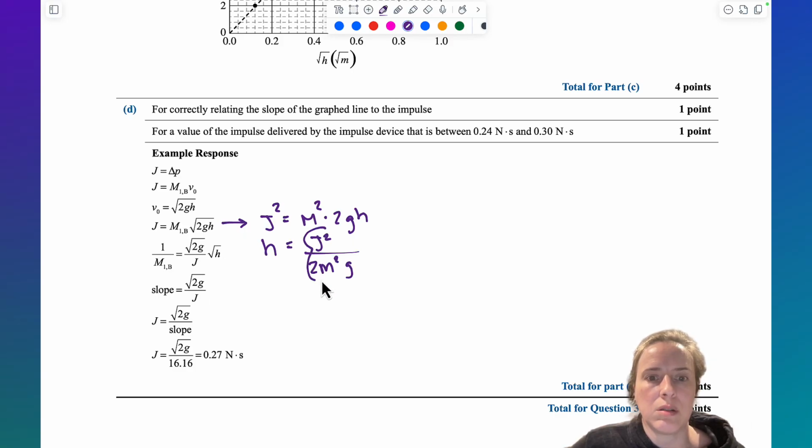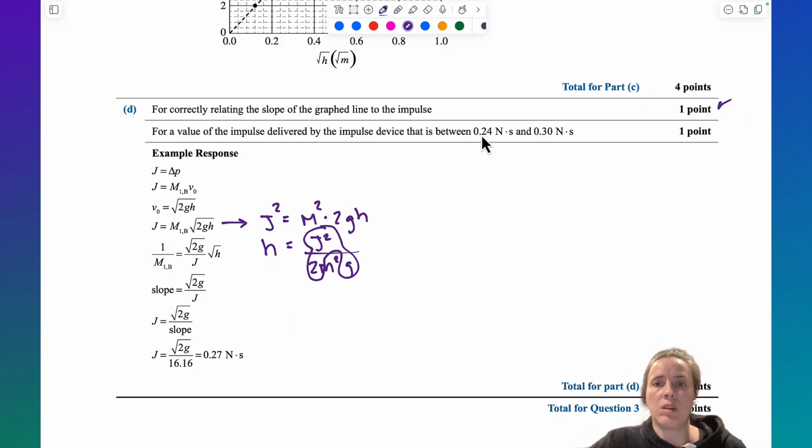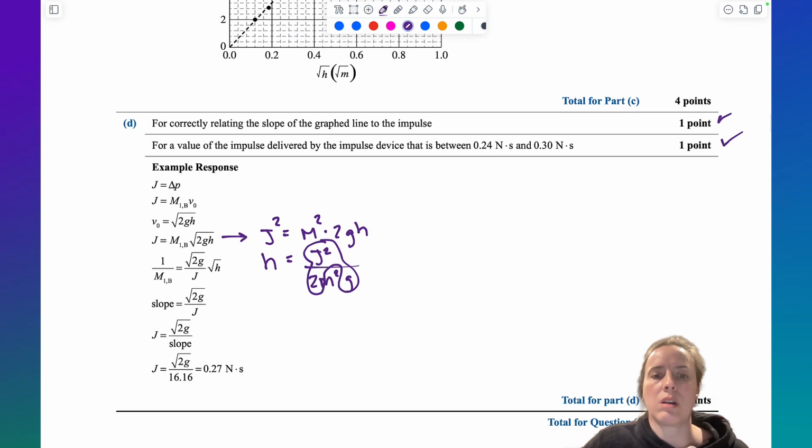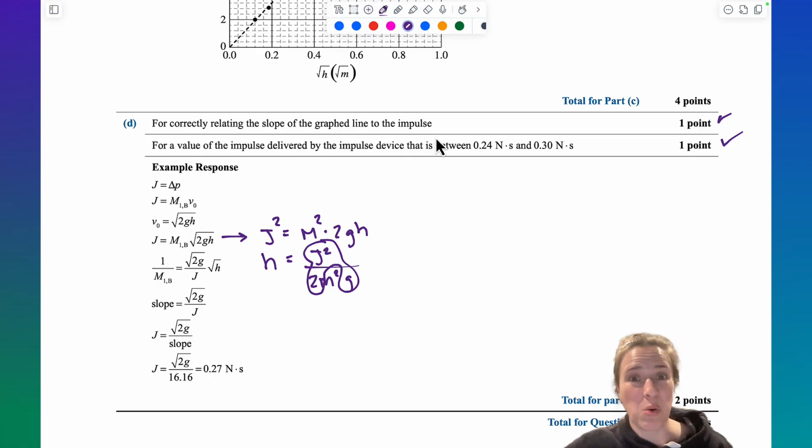Here's our slope, j squared over 2g, so you would have gotten the points for that. And then finding a value of the impulse somewhere between 0.24 and 0.3. We got 0.27, check. Nice. Notice that the last part where you had to do all that physics is only 2 points.